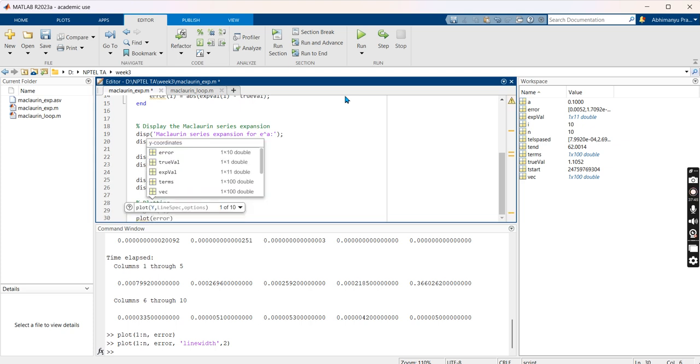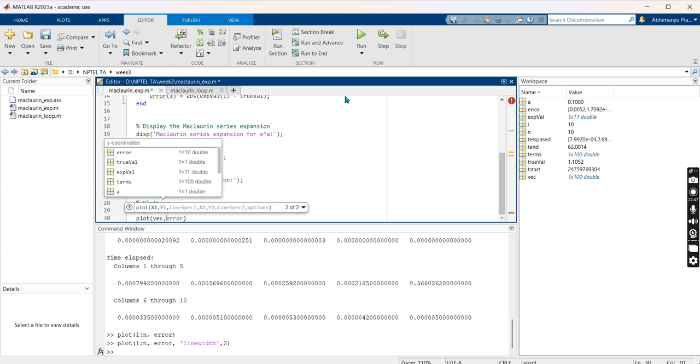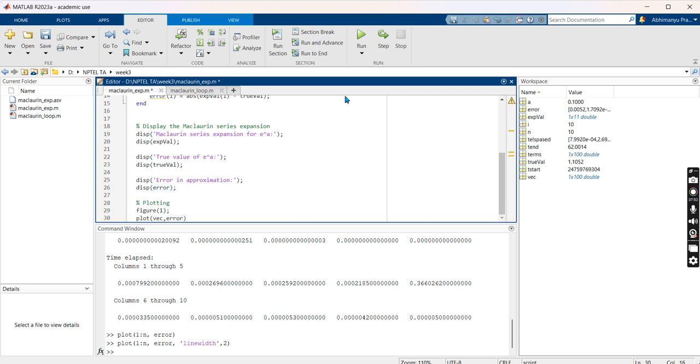We will plot back, then error, or let us plot with respect to all with error. Make line width 2 for increased visibility.